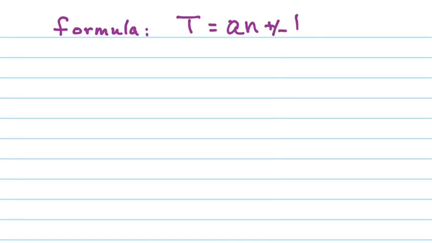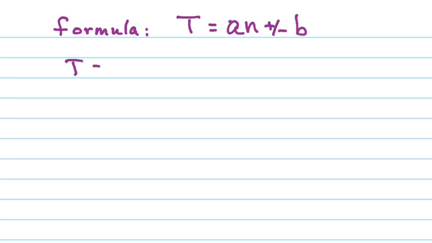What we have for finding a linear rule is a bit of a formula. It's T equals A times N. Remember that anytime you have two letters stuck together like that, that means multiplication, plus or minus B, okay?